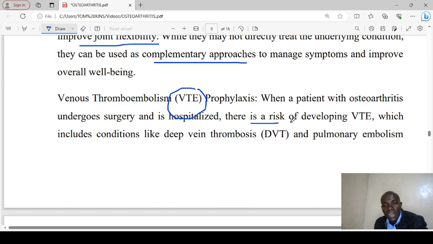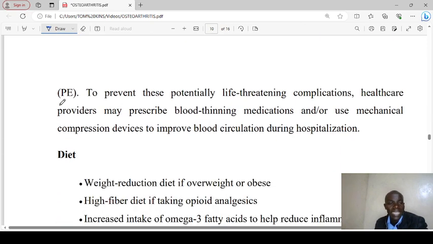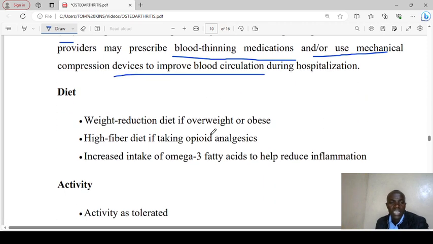There is always a risk of developing venous thromboembolism, which includes conditions like deep venous thrombosis, DVT, and pulmonary embolism, abbreviated as PE. To prevent this potentially life-threatening condition, healthcare providers may prescribe blood thinning medication and or use mechanical compression devices to help improve blood circulation during hospitalization.